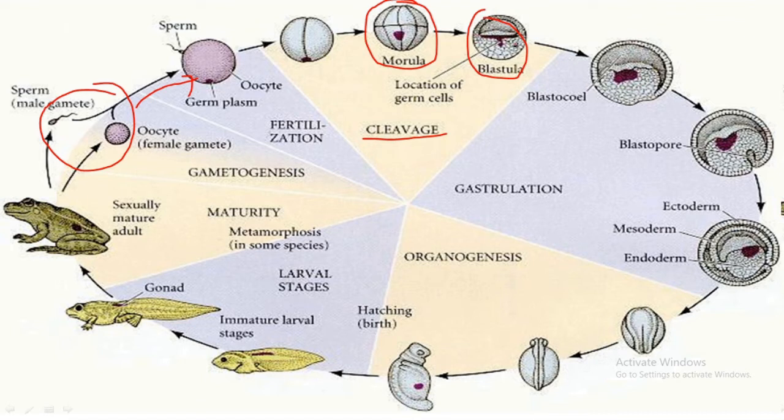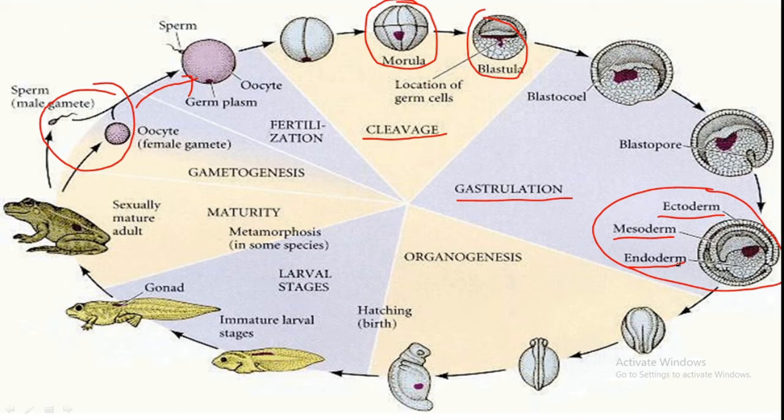After some time this blastula transforms into a stratified embryo, which we call gastrula, and the whole process is known as gastrulation, right? Here it forms ectoderm, mesoderm and endoderm. After that the endoderm, mesoderm and ectoderm form their multiple organs, and the process is known as organogenesis.